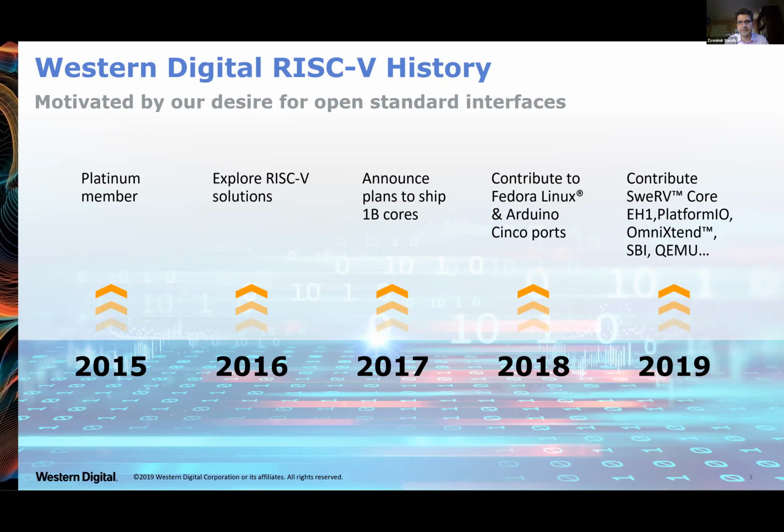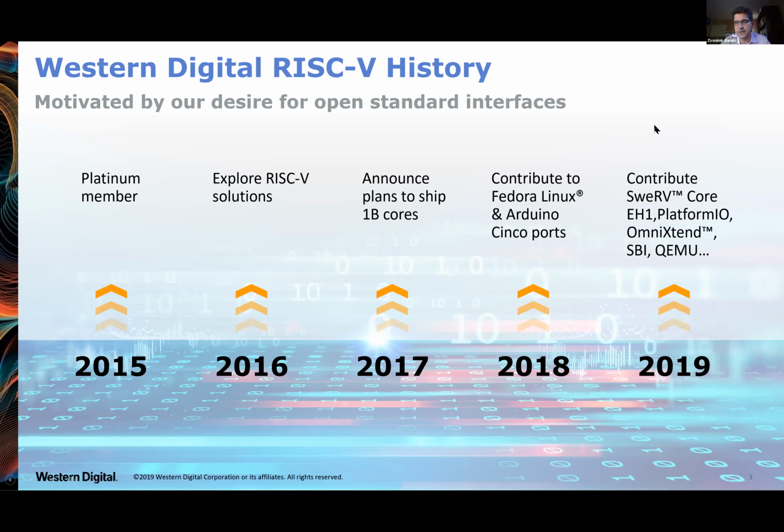In 2017, we announced plans to ship 1 billion cores. You'll probably hear more from us about this later this year. In 2018, we became very active in the area of open source software around RISC-V, as well as open source hardware.